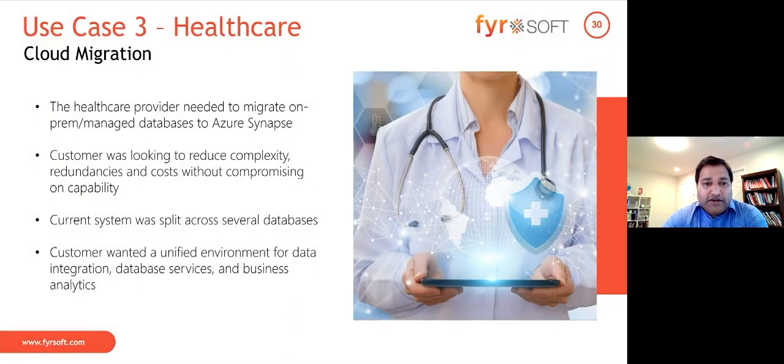So the third use case is more on the healthcare side. They again had multiple sources of information. They were using a lot of third-party systems like PointClickCare, Paylocity, ADP. The data was residing on different external systems.